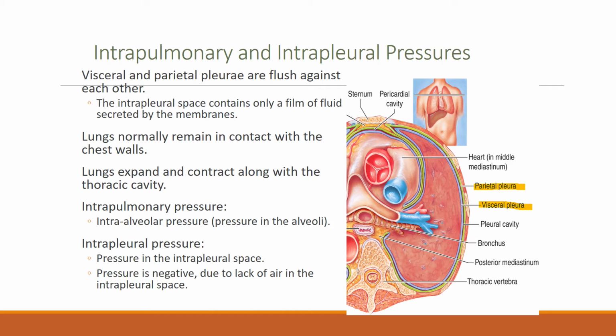And so there's this potential space that we have, and that's the intrapleural space between the visceral and the parietal pleura. And here we have a thin film of fluid that is secreted by the membranes, and this is predominantly to help lubricate the lungs as we have constant contraction and relaxation of those lungs.